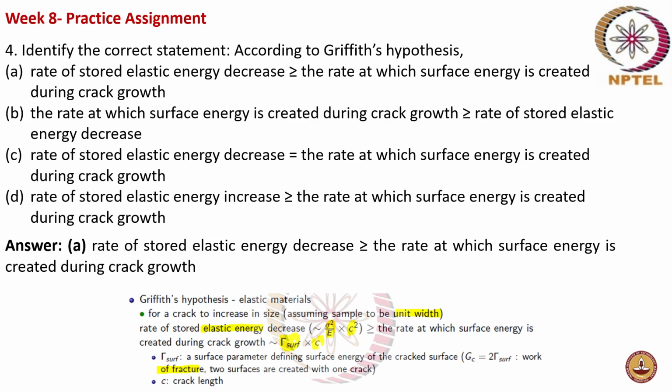So as a crack starts propagating, the stored elastic energy decreases. Obviously when the crack starts forming, there will be an elastic energy decrease, because there is a law of conservation of energy. So the rate at which the elastic energy decrease is happening should be much greater than the rate at which energy is created due to the crack growth. Then only the crack starts propagating and it starts increasing in size.